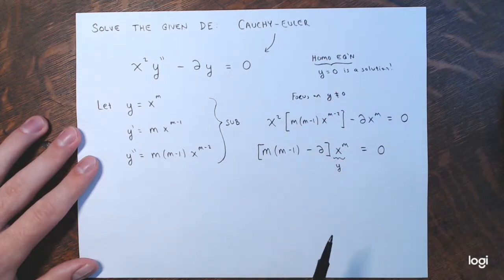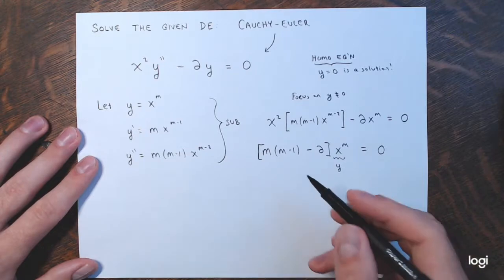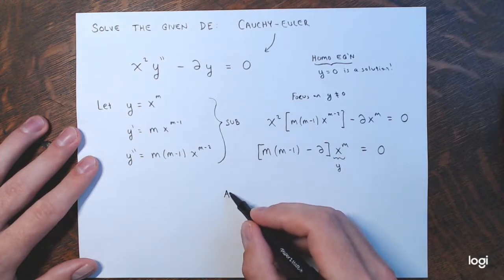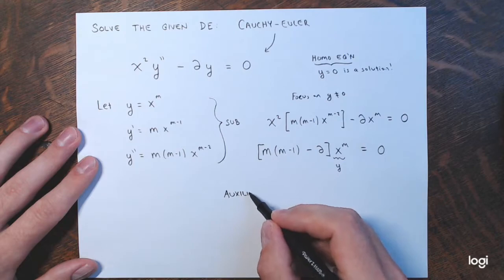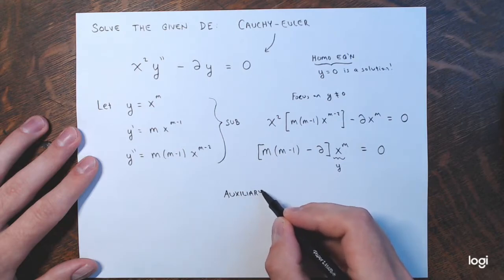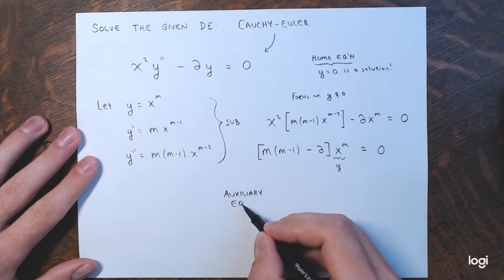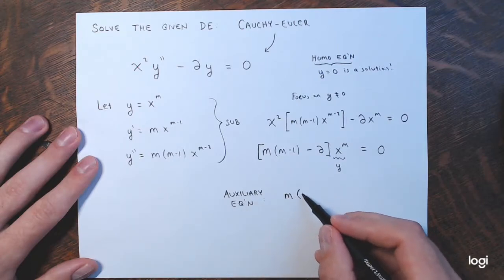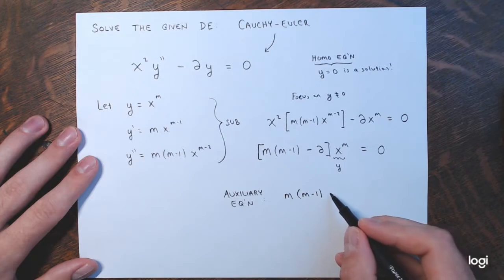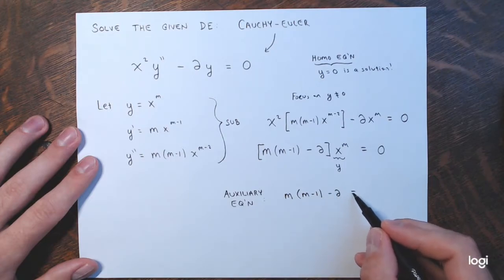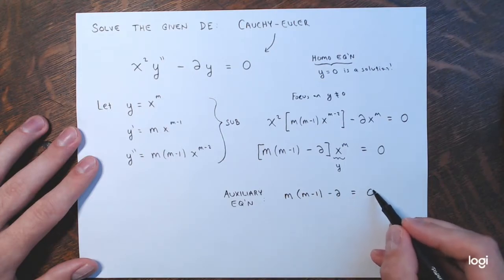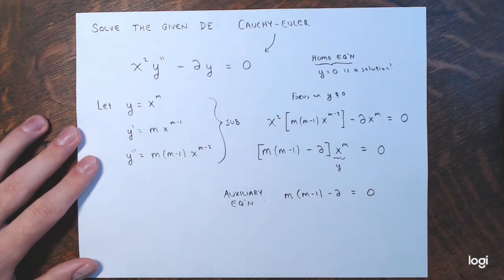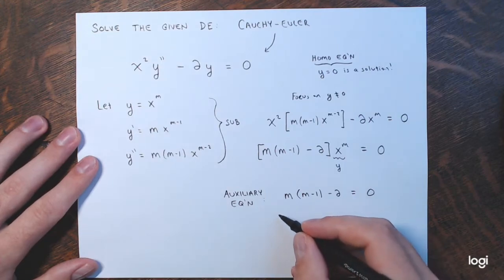So if that's the case, I can divide by y, and we get what's called, again, the auxiliary equation for this Cauchy-Euler equation. And that would just be this polynomial equation m times m minus 1 minus 2 equals 0, just dividing through by x to the mth, or dividing through by y. And this is a quadratic equation here, right?